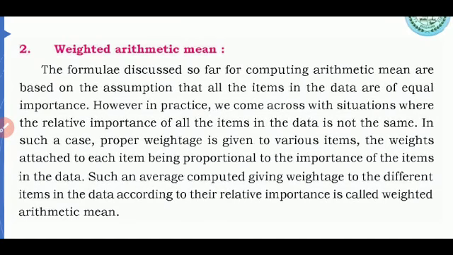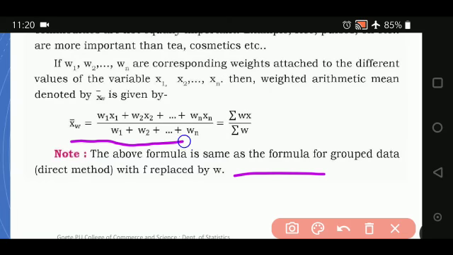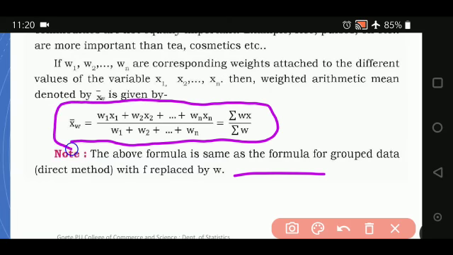If w1, w2, so on till wn are the corresponding weights attached to the different values of the variable x1, x2, so on till xn, then the weighted arithmetic mean is denoted by x bar subscript w, and it is given by this formula: x bar w is equal to w1 x1 plus w2 x2 and so on till wn xn, divided by w1 plus w2 and so on till wn, that is nothing but summation of w x divided by summation w.